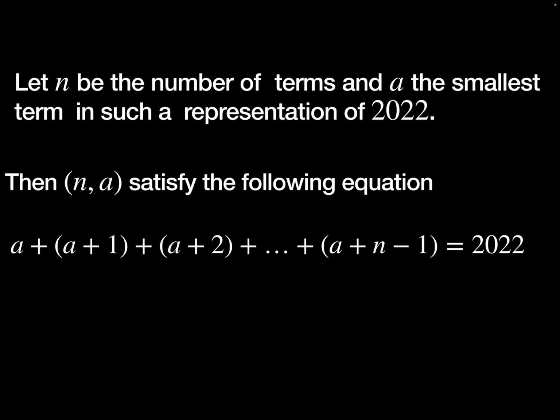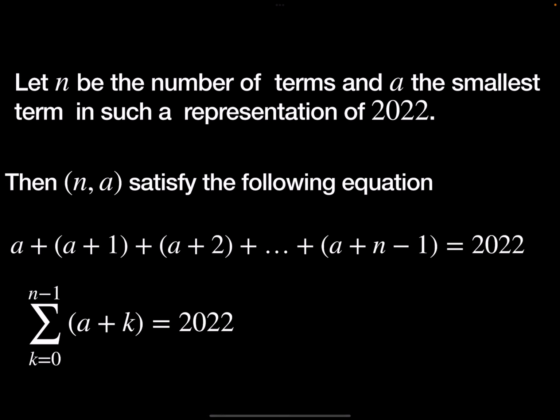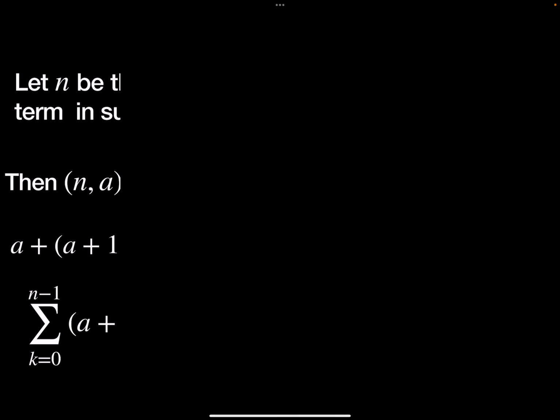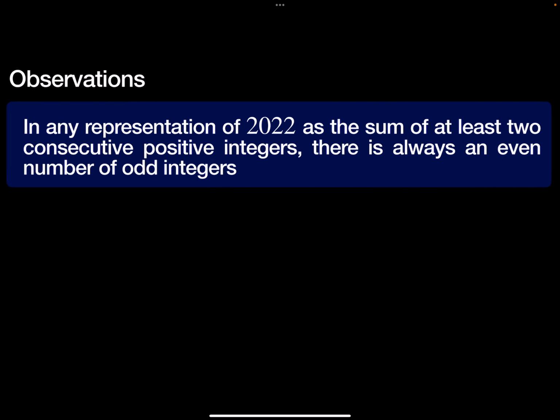Now, the equation can be written in a more compact form as the sum as k goes from 0 to n minus 1 of a plus k equals 2022. Now, some observations are in order. The first observation is that we cannot add an odd number of odd terms in our sum because otherwise the sum will end up being odd.